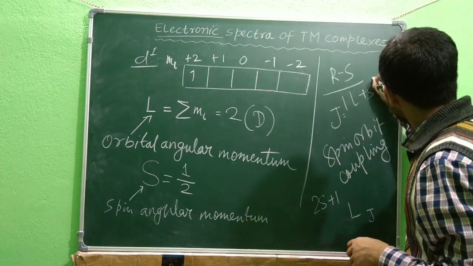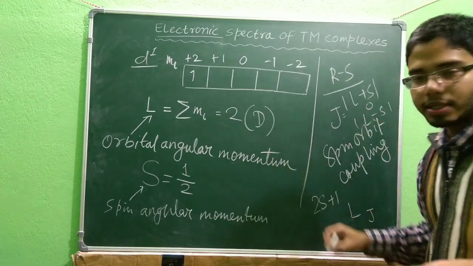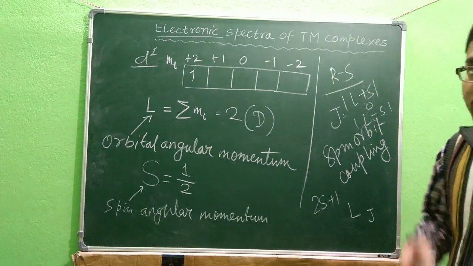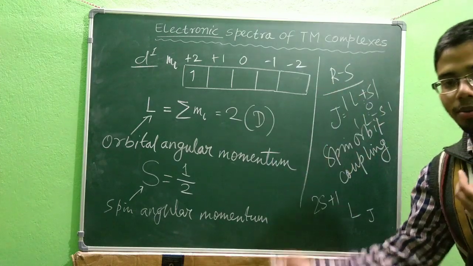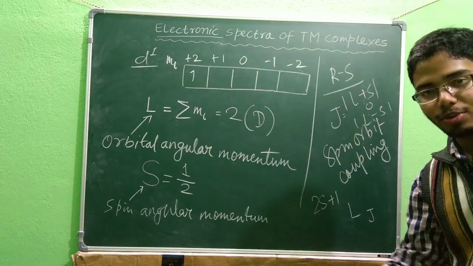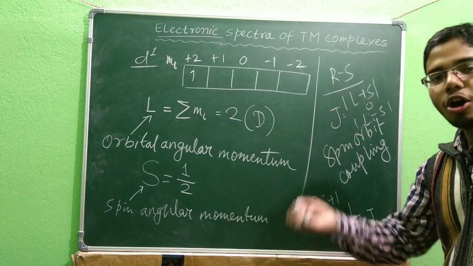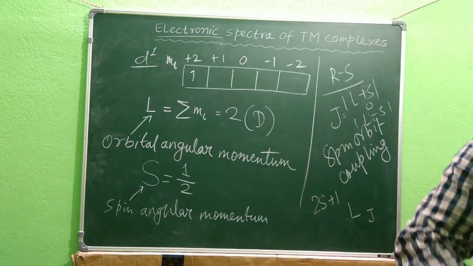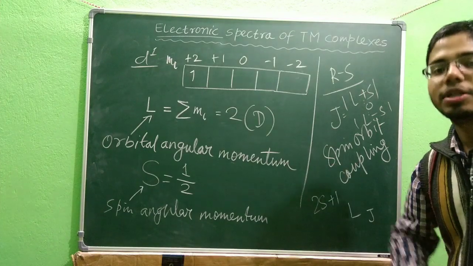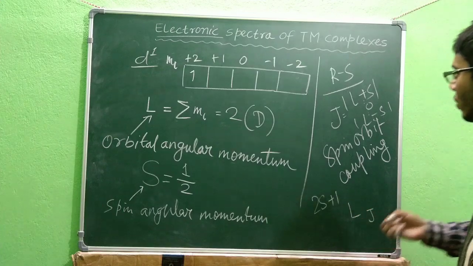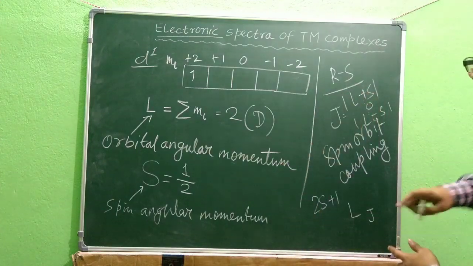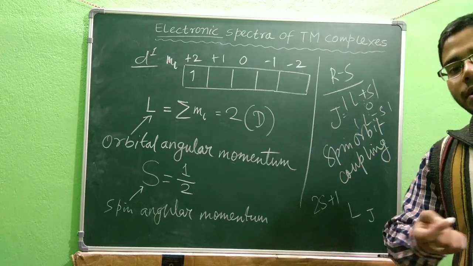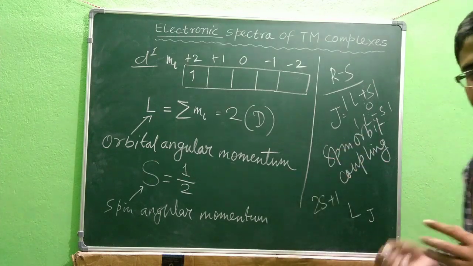If you have half filled or less than half filled, that means D5 or D4, D3, D2, D1, you have to go for the lower value of J. If you have more than half filled, that means D6, D7, D8, D9, D10, then you have to go for the higher value of J. That is, L plus S will be from D6 to D10 and L minus S will be for D1 to D5. Is it clear?